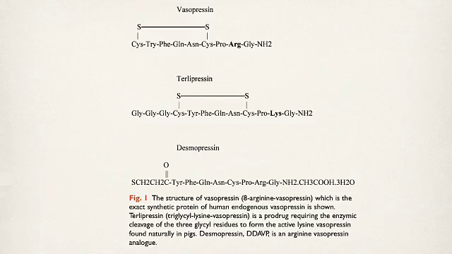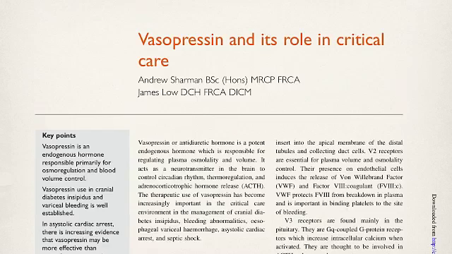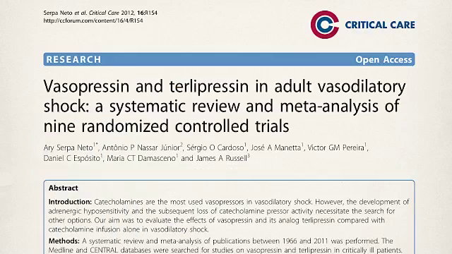Here's another article, vasopressin and its role in critical care. If you want to explore the multiple uses of vasopressin in critical care, this is a very nice review article by Andrew Sherman. Vasopressin has another analog, terlipressin, which is not available in the United States but is available in Europe.